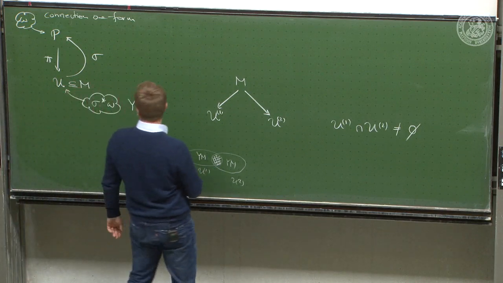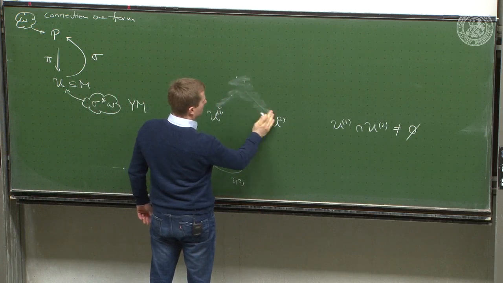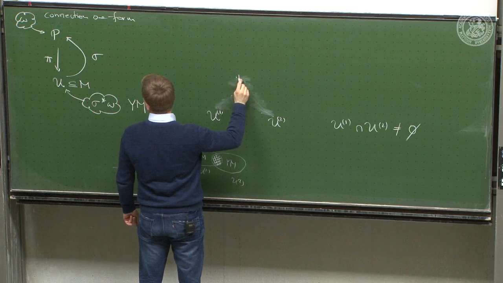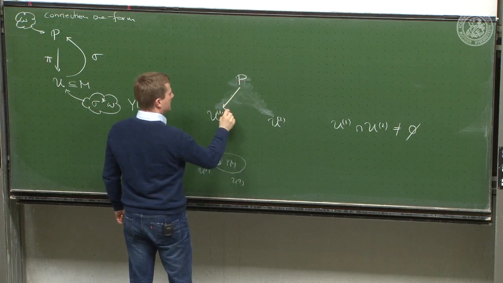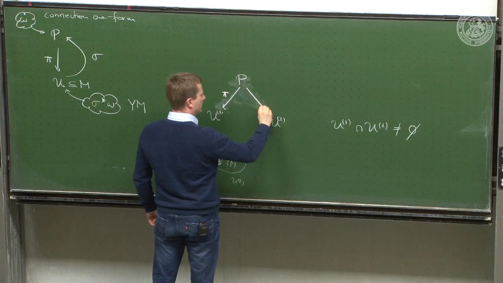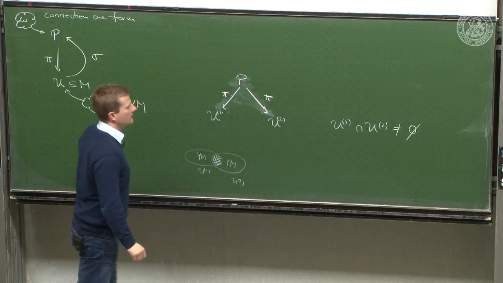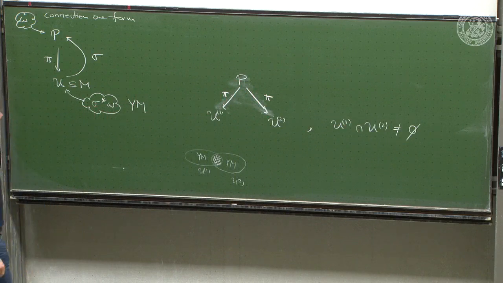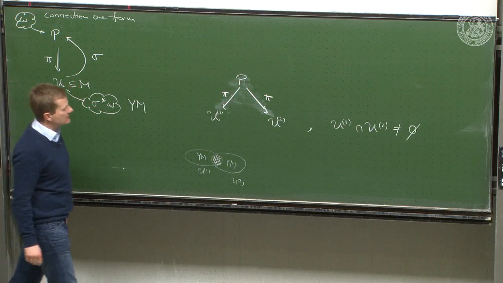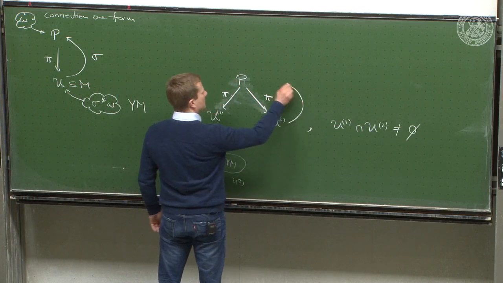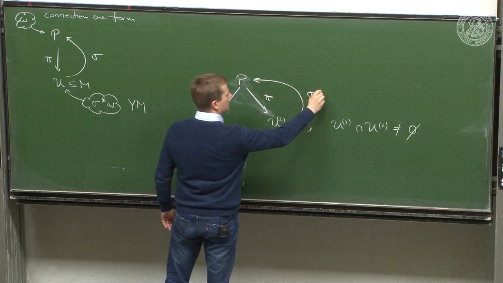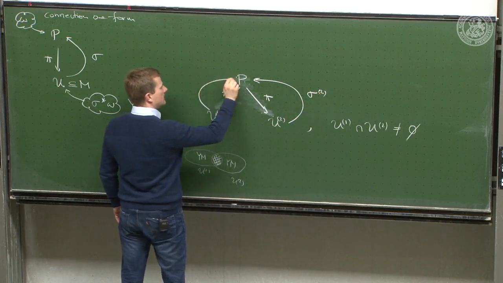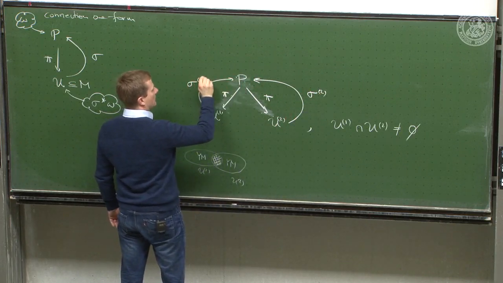So, well, let's take this picture here, where we go from P down by pi to here and by pi to there, and let's assume we really have non-intersecting domains on the base manifold. And then correspondingly, we can choose sections sigma 2 here, and here a section sigma 1.